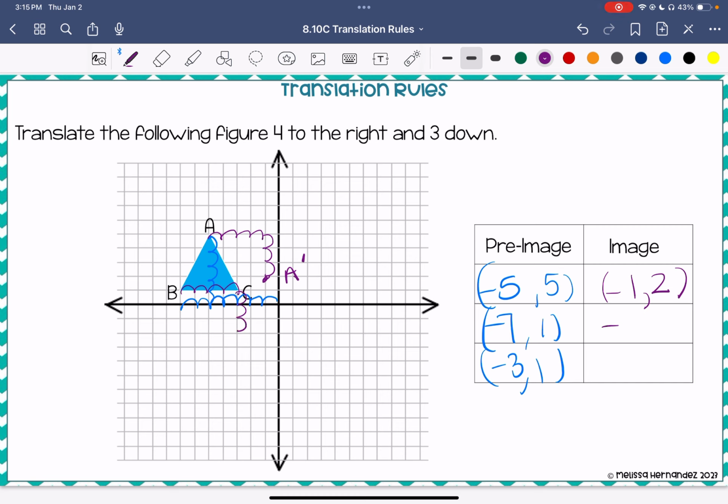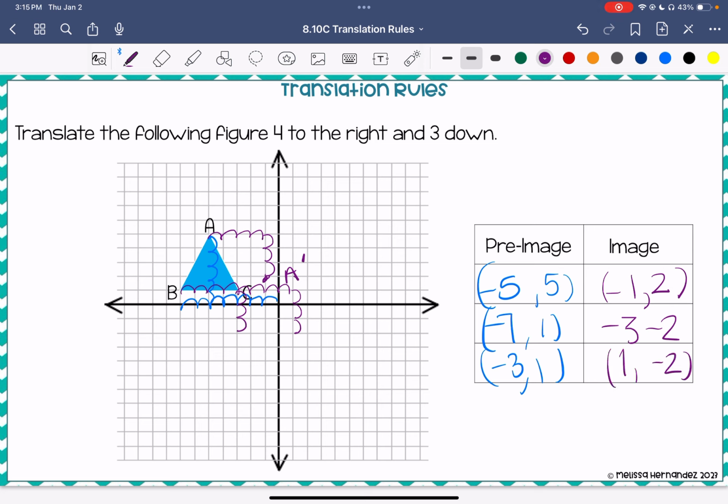So you ended up with -3, -2. Now we're moving on to the C, and that's 1, 2, 3, 4, 1, 2, 3. So that's 1 and -2.